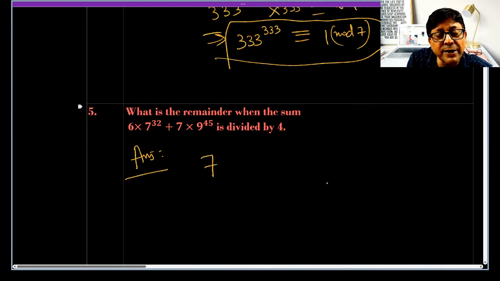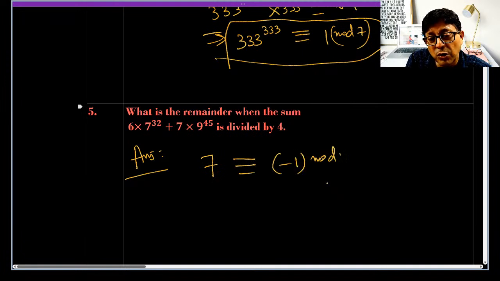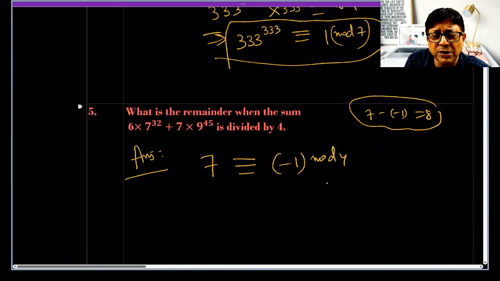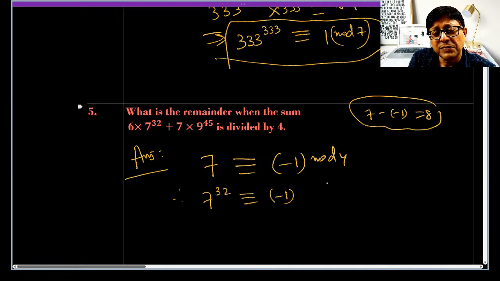You write 7 is congruent with minus 1 mod 4, because 7 minus minus 1 is 8, and 8 is divisible by 4. So 7 congruent with minus 1 mod 4. Therefore, you raise the power to 32.